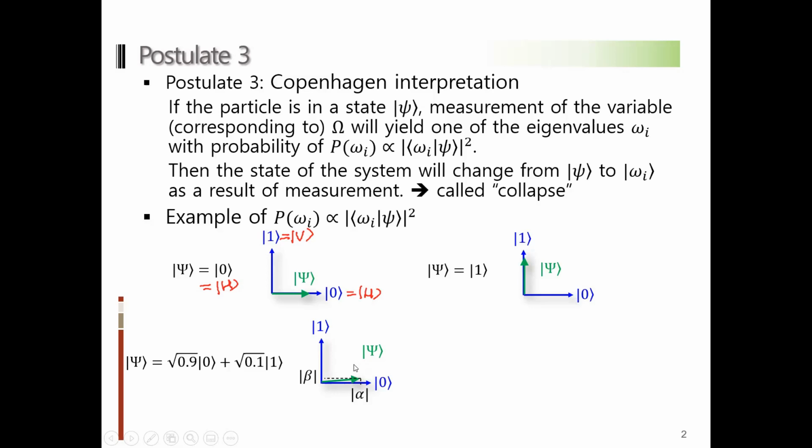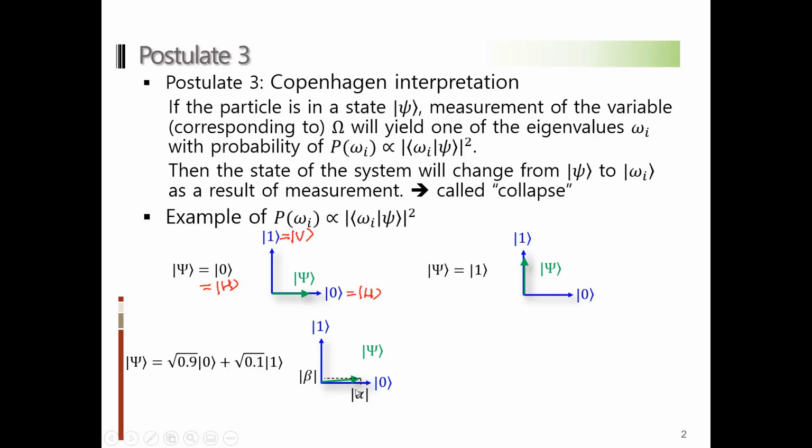Well, that is the case if it is a classical measurement, but it is a quantum state. In this case, what quantum mechanics says, the third postulate says, is that we can either measure 0 or 1, not 0.1 or 0.05 or whatever floating number. It should be either 0 or 1.